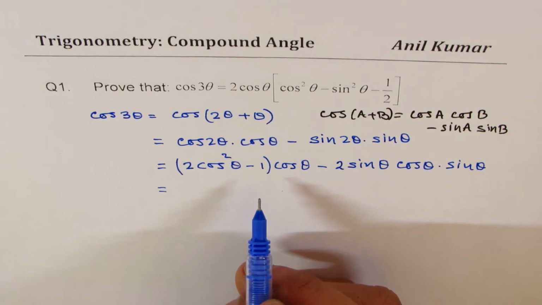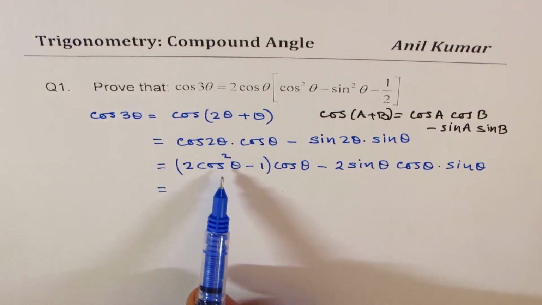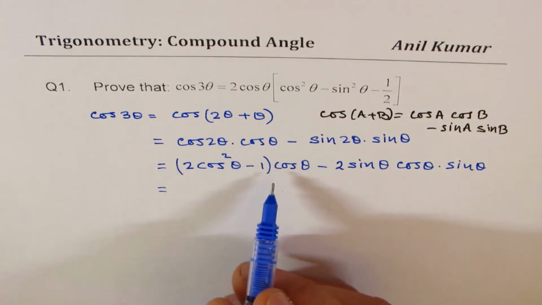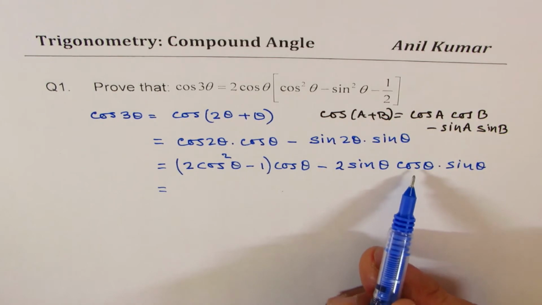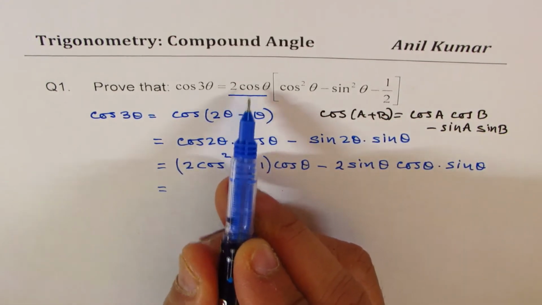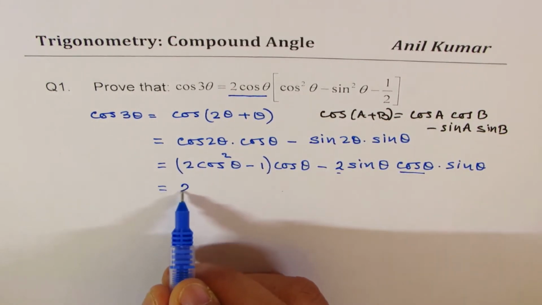Now, at this stage, what we need to find is 2 cos theta we need to factor out. So we are looking for a common factor here. So let's open this bracket, okay? Or we can just factor out 2 and cos theta. See, we are looking at this term, 2 cos theta, 2 cos theta, right? So let's factor this 2 cos theta out.